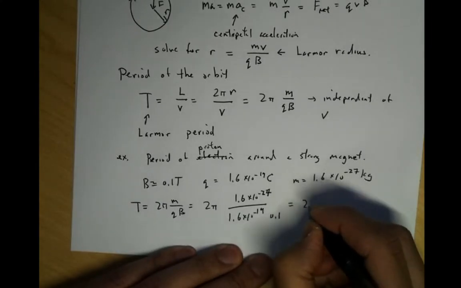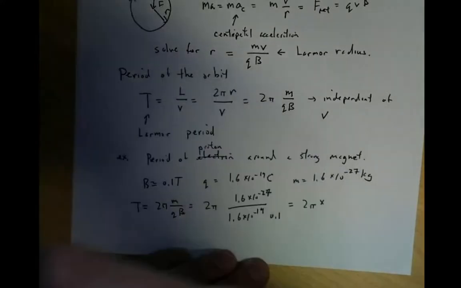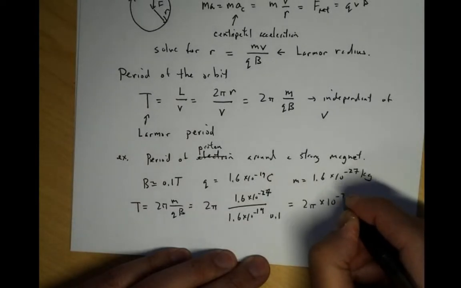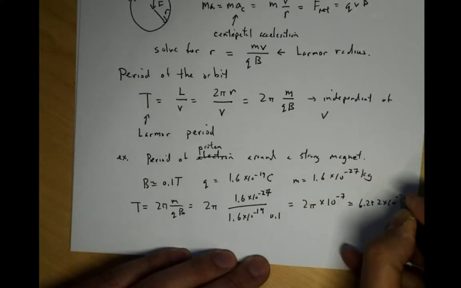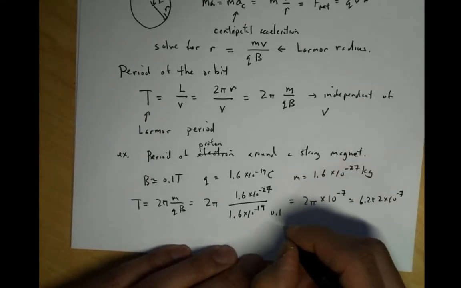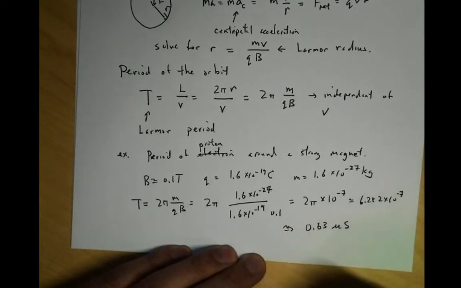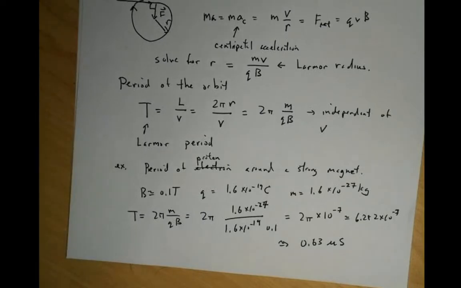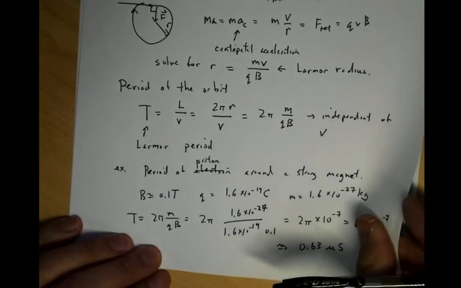So this is basically 2 pi times, that's why I chose this number, the 1.6 for both constants cancel each other out, times 10 to the minus 7, right? Which is 6.282 times 10 to the minus 7. And so that works out to be roughly about 0.63 microseconds, right? Okay, so that's interesting, all right?